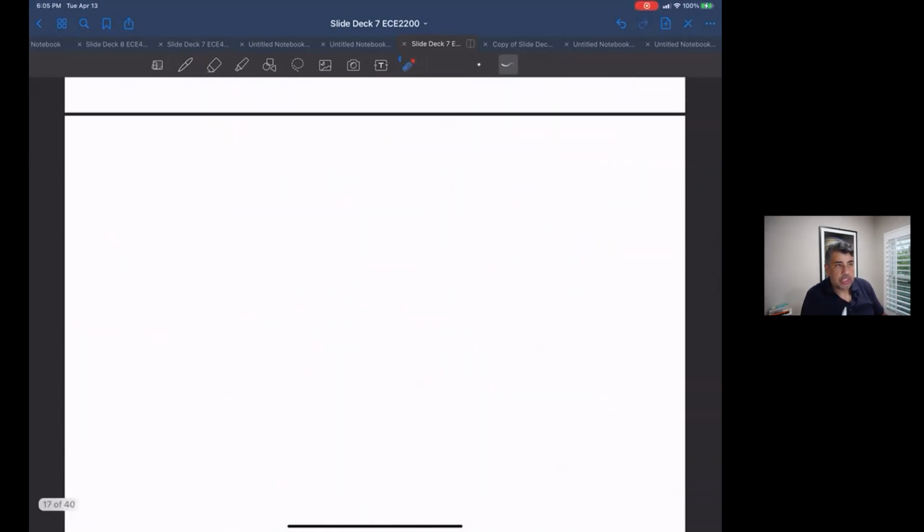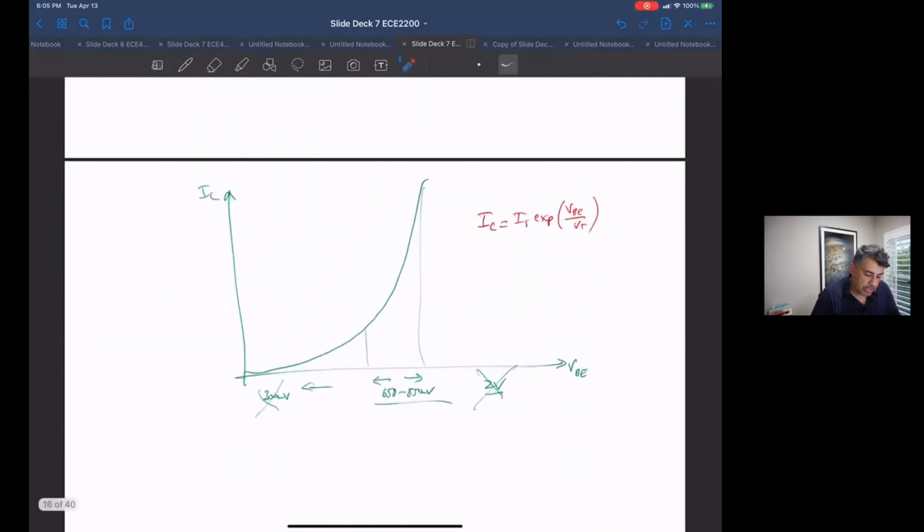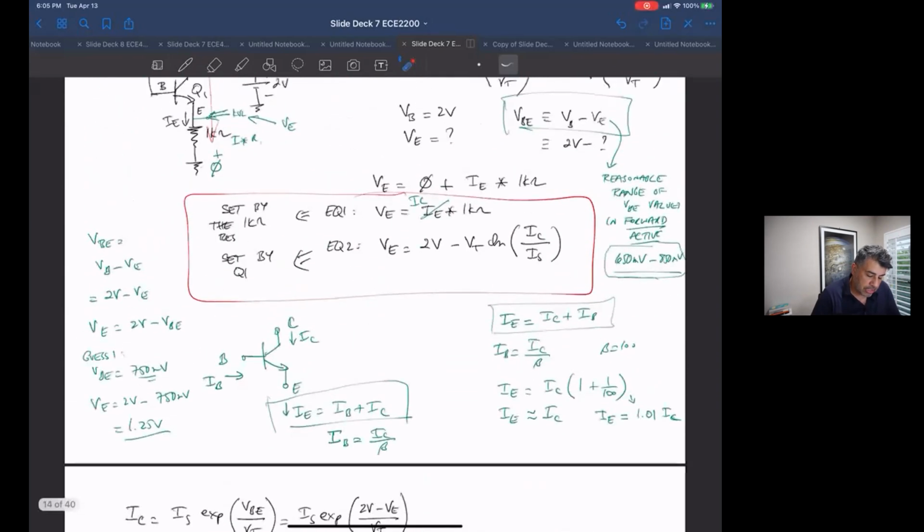Okay, the other option is doing it graphically. That's what I was going to show you guys today and see if it may help you get a better understanding or might confuse you more. But it's just doing the same thing. So there's a graphical method of trying to solve these 2 simultaneous equations.